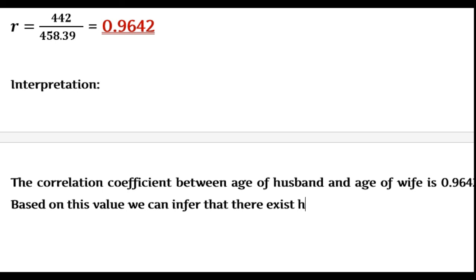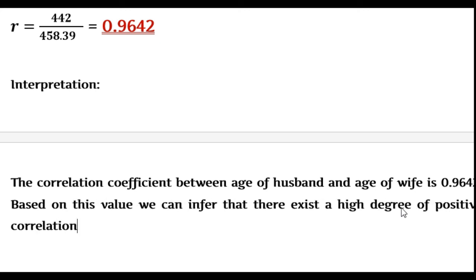So there exists a high degree of... Then we need to write about the direction, whether it is positive or negative. Since the coefficient has a positive sign, we write there exists a high degree of positive correlation, or direct correlation, between these two variables. So this is how you need to interpret the correlation coefficient value.